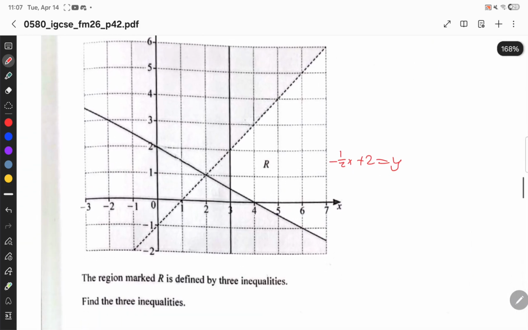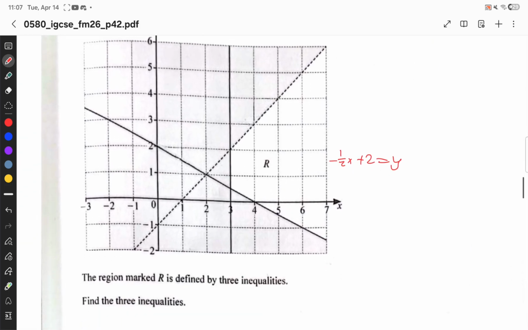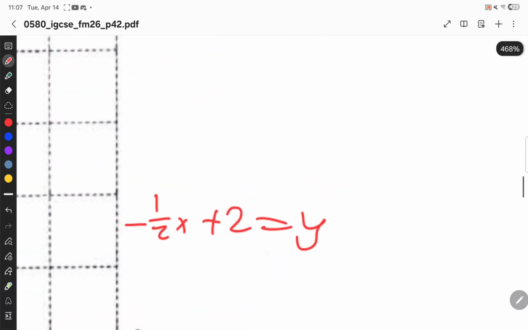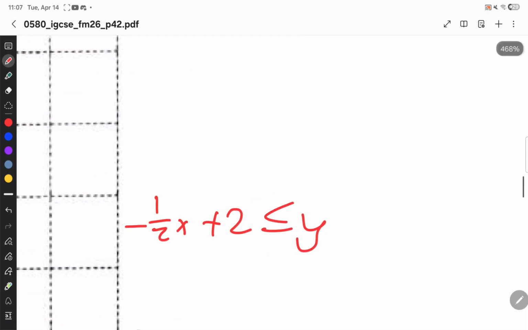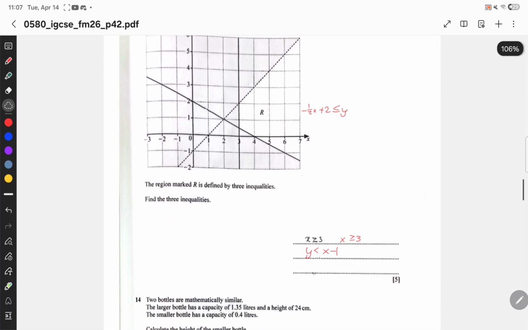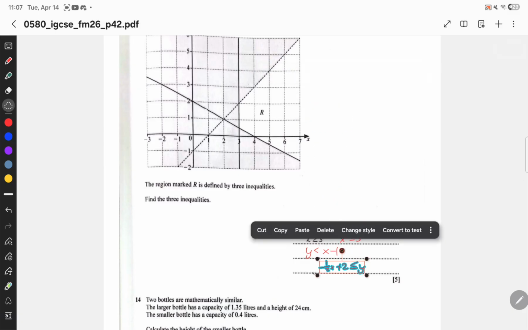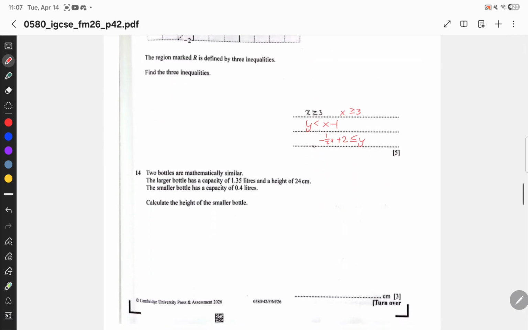So that is like so, and the region is above it. We need to shade the region above this line. So the y value should be greater, and this is a thick line, so it is equal.